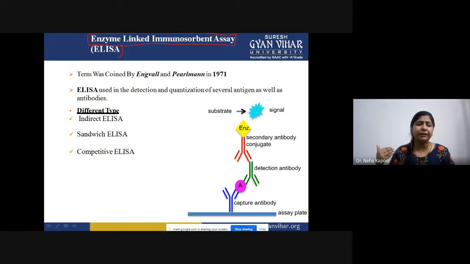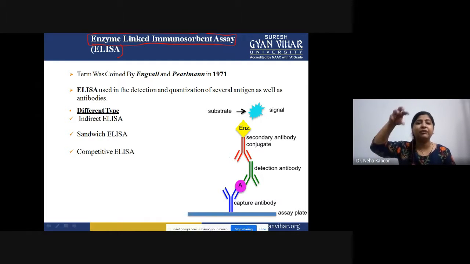There are different types of it, like indirect, direct, competitive, and sandwich ELISA, as we call them. The basic concept is, we add an antibody to which the antigen is attached, then we add a detection antibody, then we link one enzyme to the secondary antibody so that we can prepare its secondary antibody conjugate.